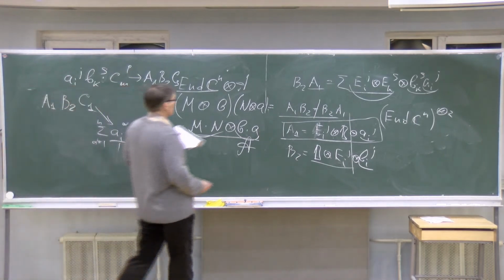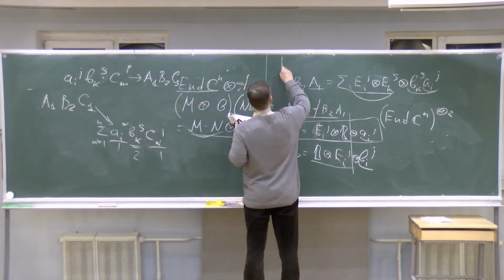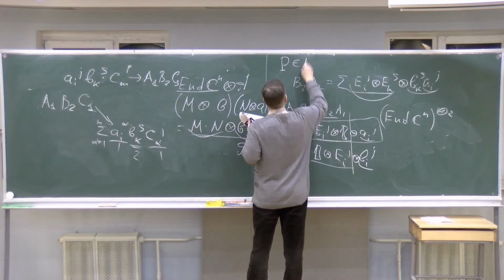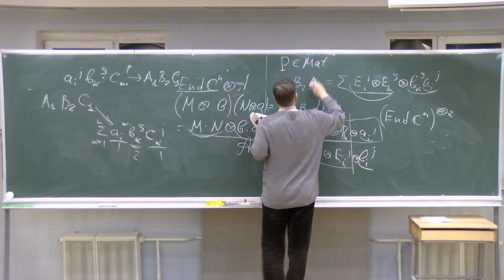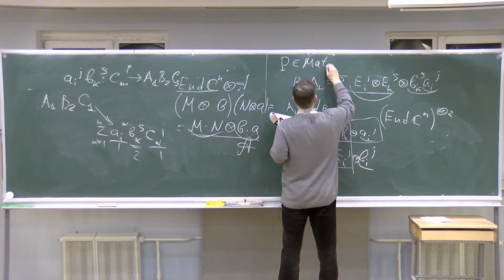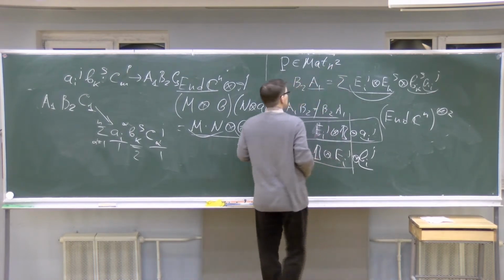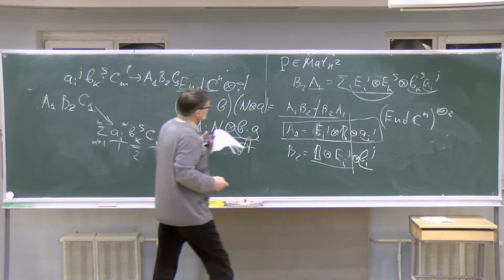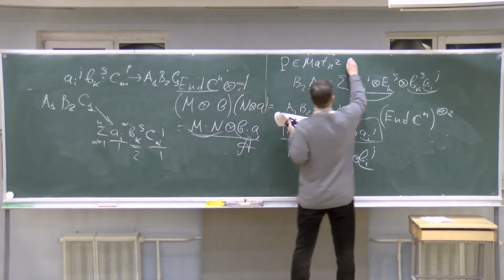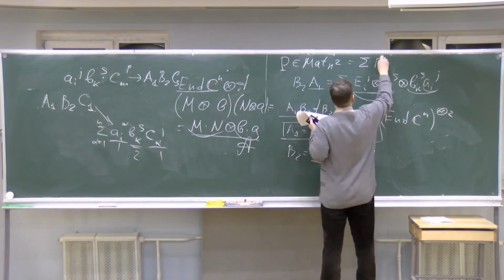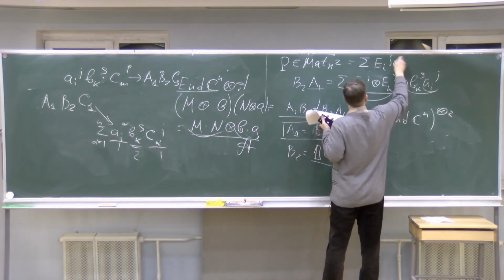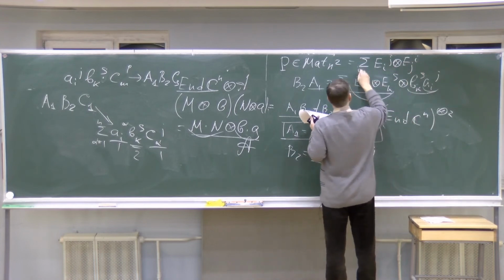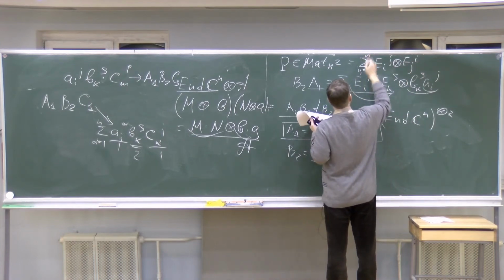And also I'll define the permutation matrix, the matrix of permutation operator. This is an n squared times n squared matrix of the form the sum of e_{ij} tensor e_{ji}, with i, j from 1 to n.